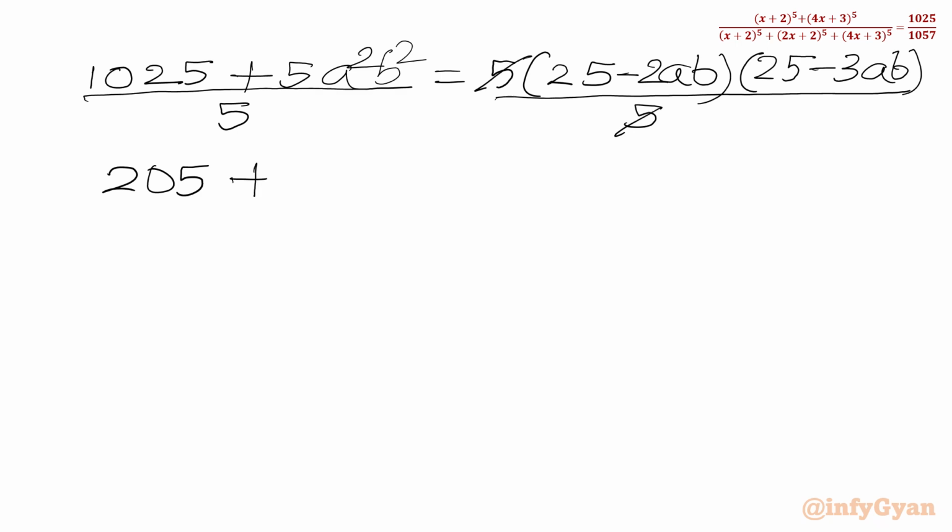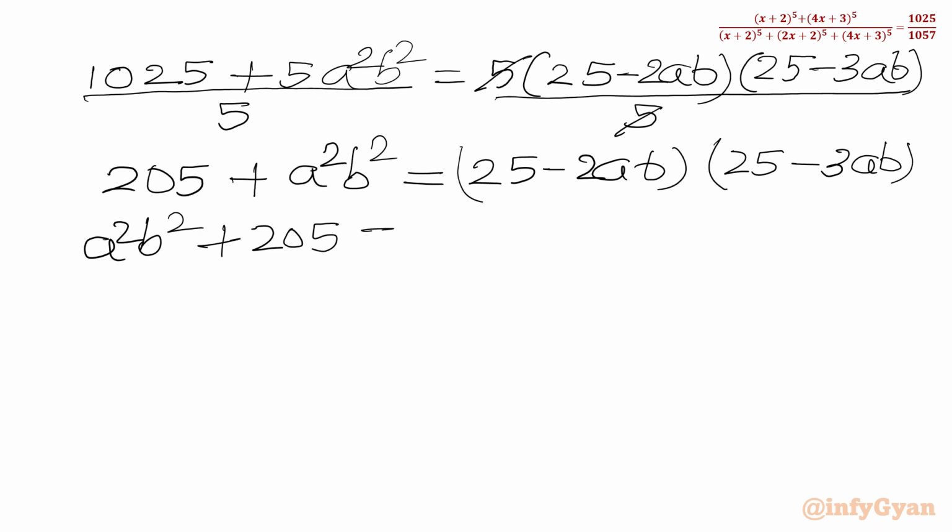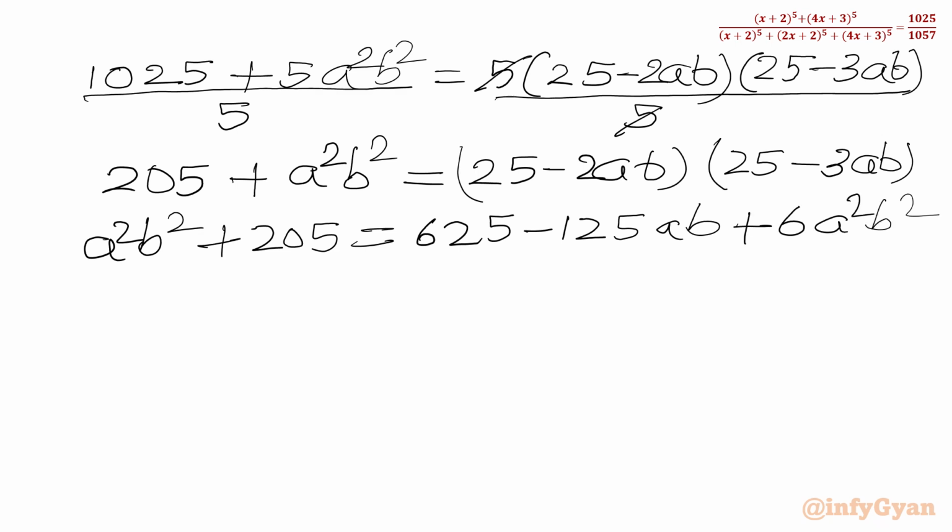We will write here 5 over 5 will be 1, a square b square. RHS will be 25 minus 2ab times 25 minus 3ab. Or we can write a square b square plus 205 will be equal to, multiply both the brackets, we will get 625 minus 75 minus 50 minus 125 ab plus 6a square b square.